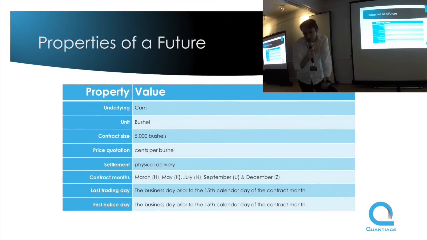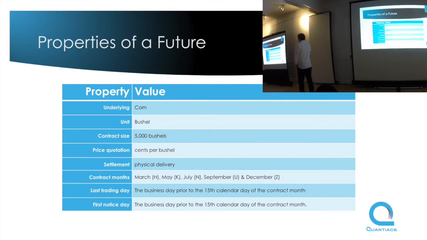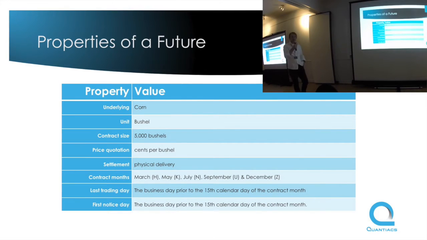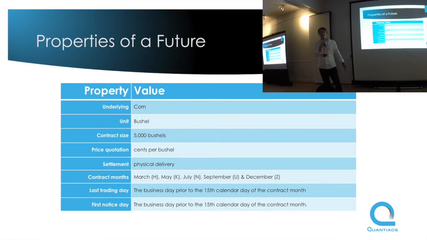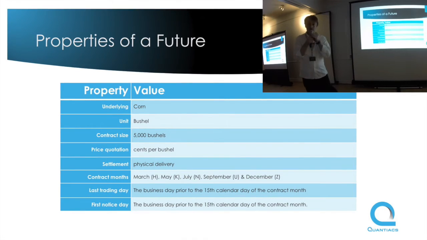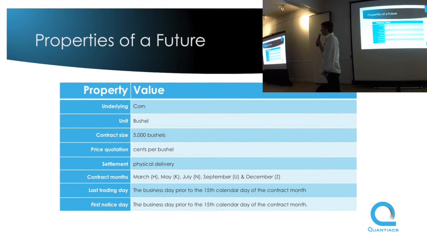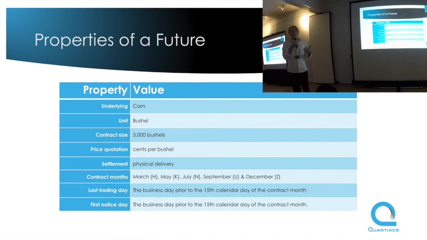Then of course the settlement procedure. Some future contracts are cash settled. That means that there is actually no physical delivery possible. For example, some foreign exchange futures or some equity futures, so the S&P 500 might be cash settled. Also some agricultural futures are cash settled. But for most futures, there is indeed a physical delivery procedure in place.